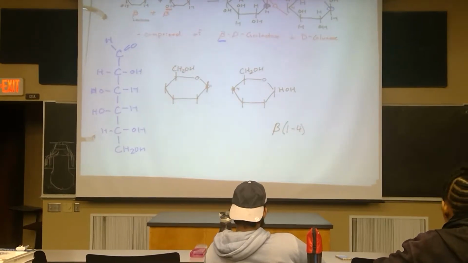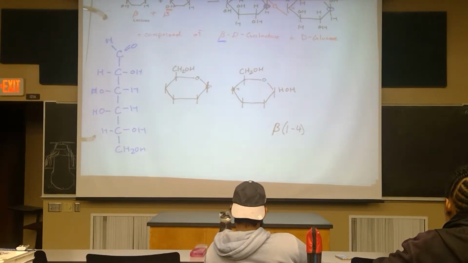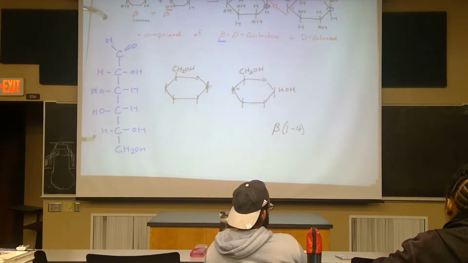So if you're asked to name the linkage, do you have to draw the structure to name the linkage? No. Not if you know that they're both 6-membered rings, you don't. You don't need that information.